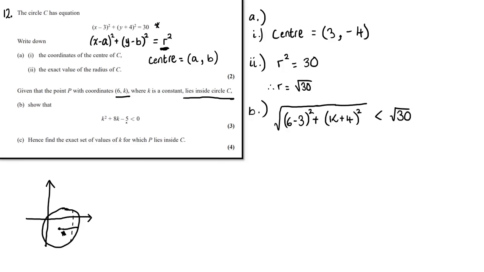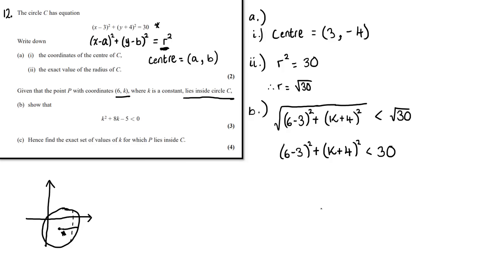Okay, so the first thing I'm going to do here, as we've got square roots on both sides, I'm going to square both sides. If I square the left hand side here, I just get left with whatever's underneath the square root. So I get (6 minus 3) squared plus (k plus 4) squared is less than, and again, square the right hand side here. So if you square the square root of 30, that just simply gives us 30.